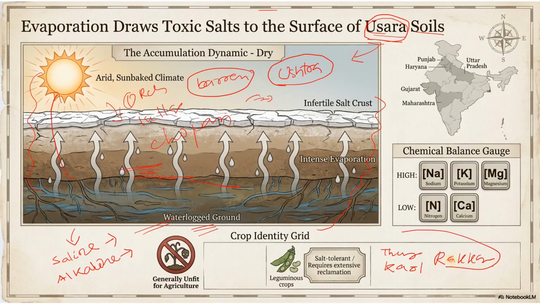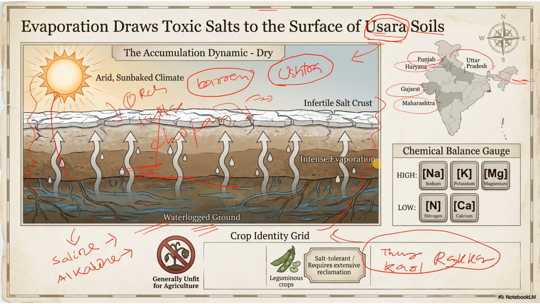Okay, these are some of the local names for this soil. It is found in parts of Uttar Pradesh, Punjab, Haryana, Gujarat and Maharashtra, where there is a high amount of evaporation and a low drainage system.